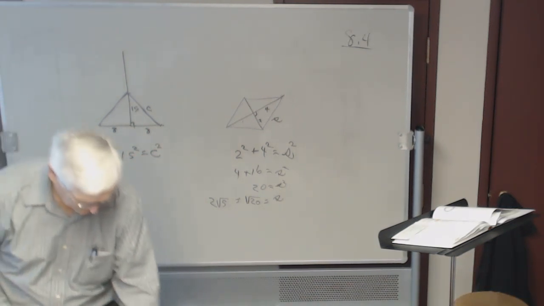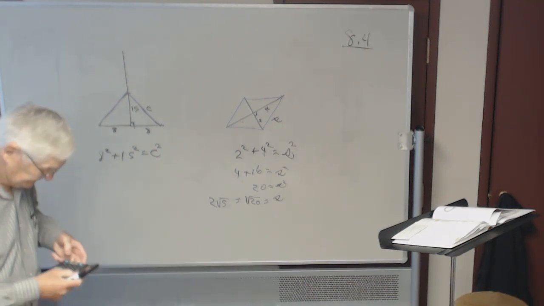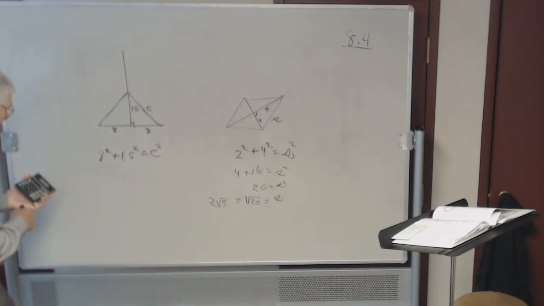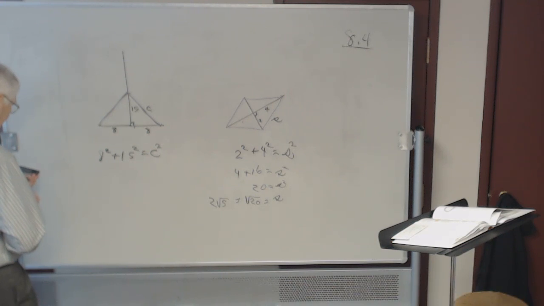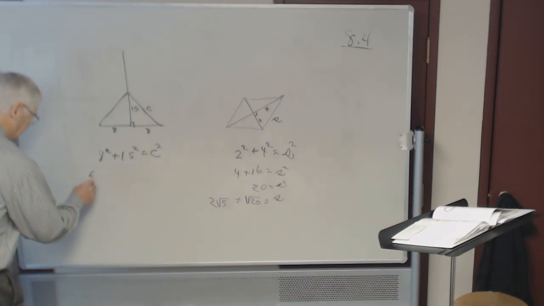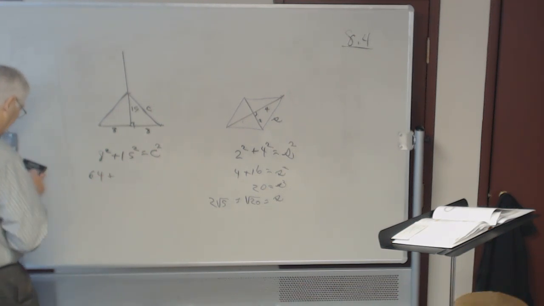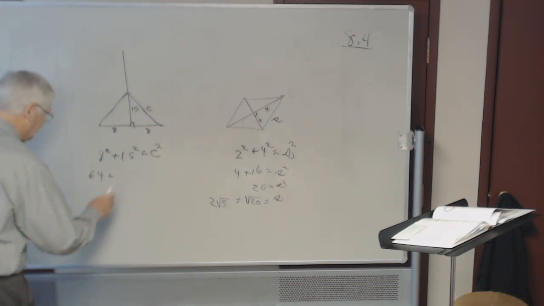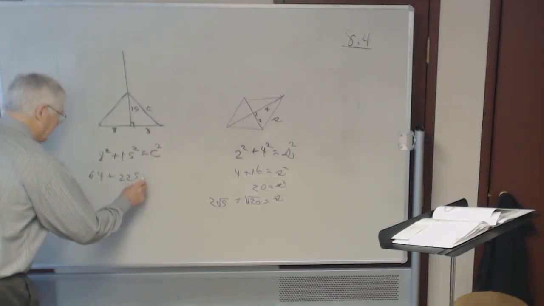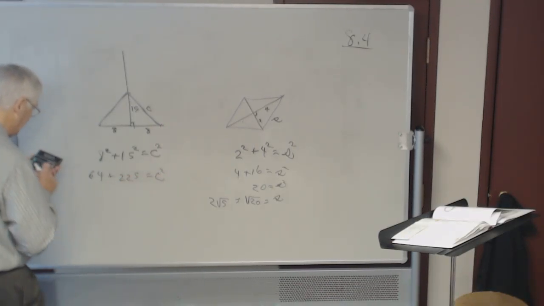Better get my calculator out for that one. Oh, I shouldn't have to do that. 8 squared is 64 plus 15 squared. I think it's 225. Sure enough, 225 equals C squared. What's 225 plus 64?